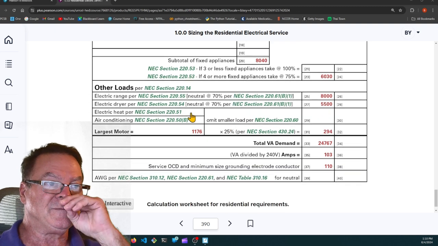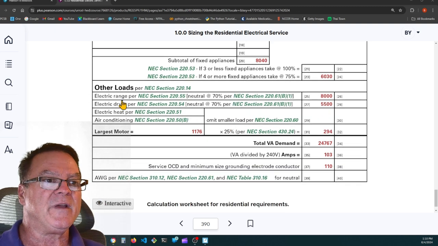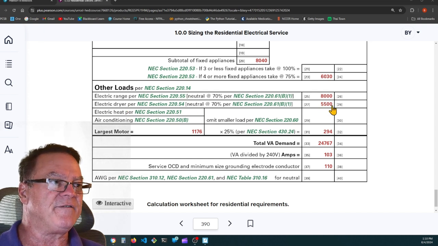Other loads, well, they're saying that we have an electric range, and that's 8,000 volt amps, an electric dryer at 5,500, and electric heat. You have heat and AC, so whichever one is the larger of those two, you would use.